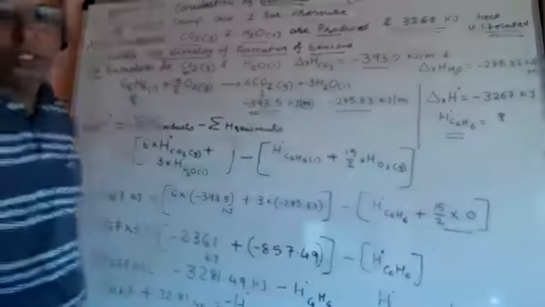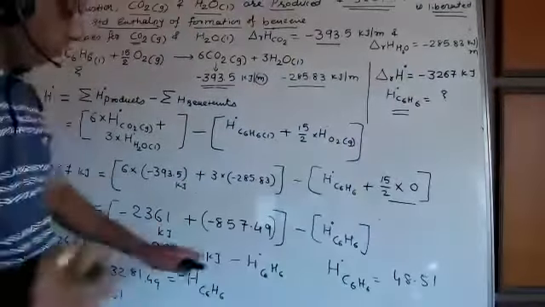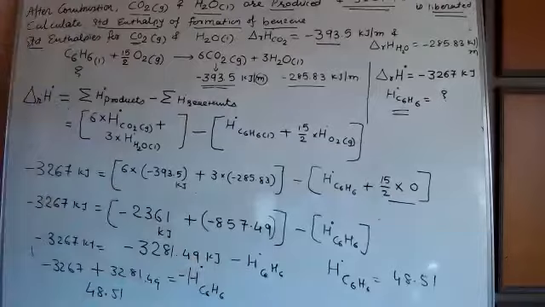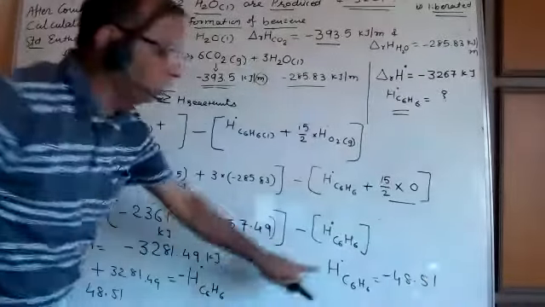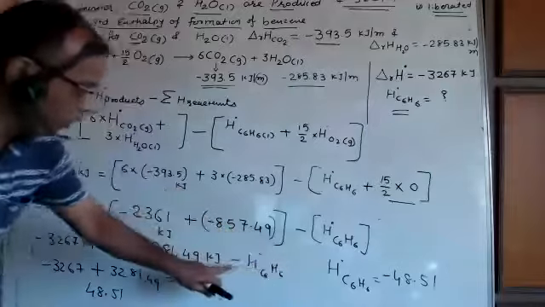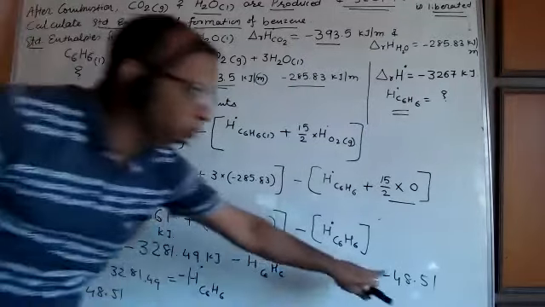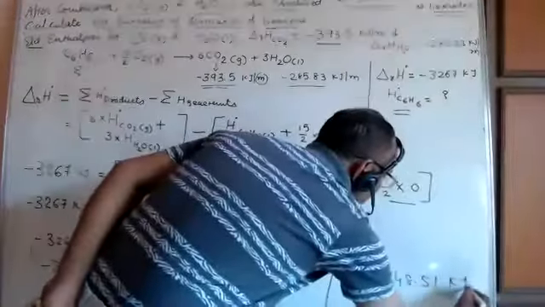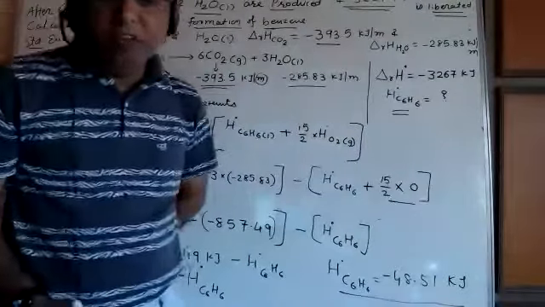But here still there is a simple problem that H° of C6H6 is negative here, and that's why friends we have to put minus value here instead of here. You can see this is minus C6H6, and that's why I put it here, and this is kilojoule. So 48.51.